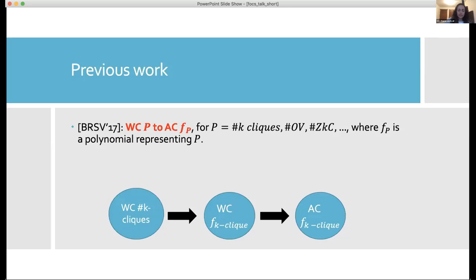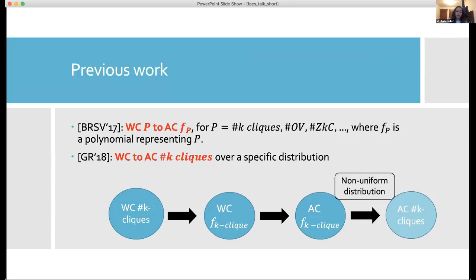So, for example, what they do for counting K-cliques is that they reduce worst case counting K-clique to worst case computing F sub K-clique. And then they have this nice self-reduction lemma for polynomials with some constraints that gives them this reduction from worst case computing F sub K-clique to average case computing F sub K-clique.